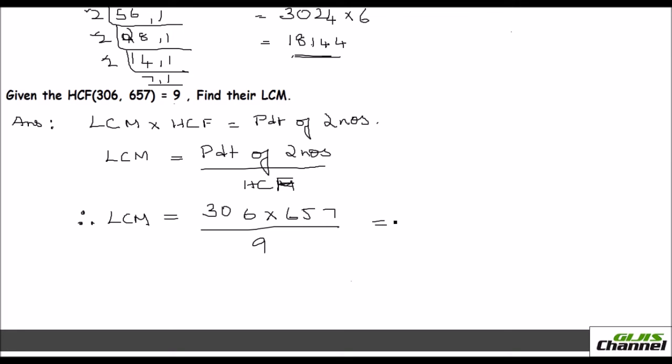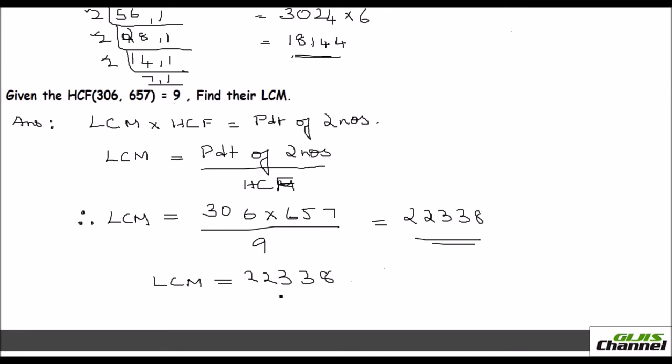So that will give you 22,338. So now you got the LCM without doing any calculation, the step ladder method or prime factorization method. I just used the formula and I got what is my LCM. So that's 22,338.